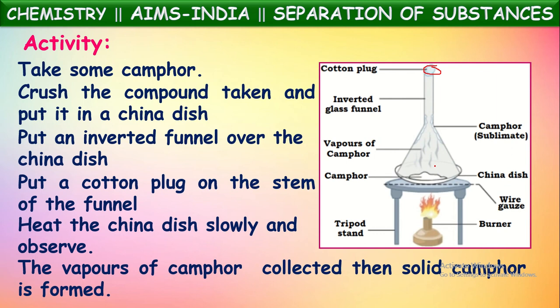It converts into gaseous form. Those gaseous vapors can be collected in another container. In this way, sublimable substances can be separated from non-sublimable substances by using this technique called sublimation. Sand and camphor, common salt and naphthalene, these kinds of mixtures can be separated by using sublimation.